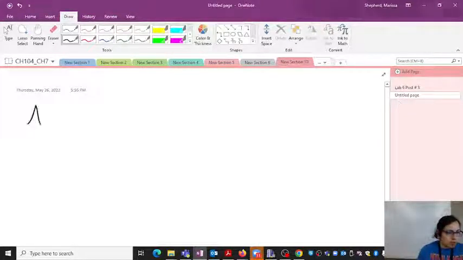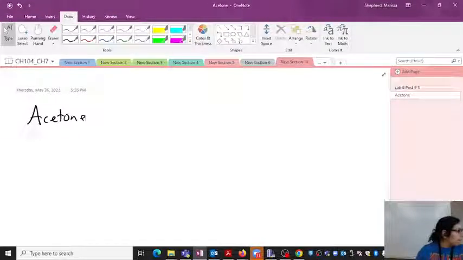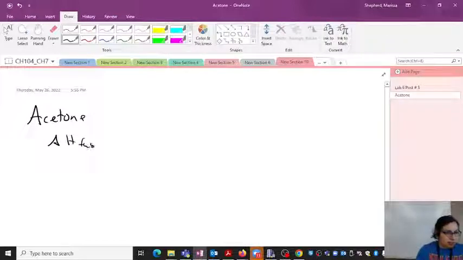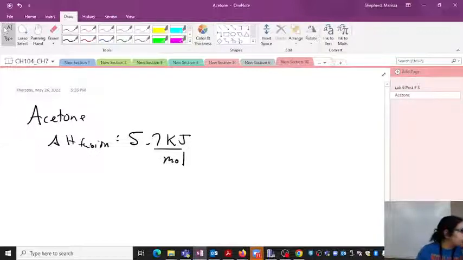So let's see, acetone has a delta H of fusion of 5.7 kilojoules per mole. I was hoping for heat of vaporization, but that's okay.